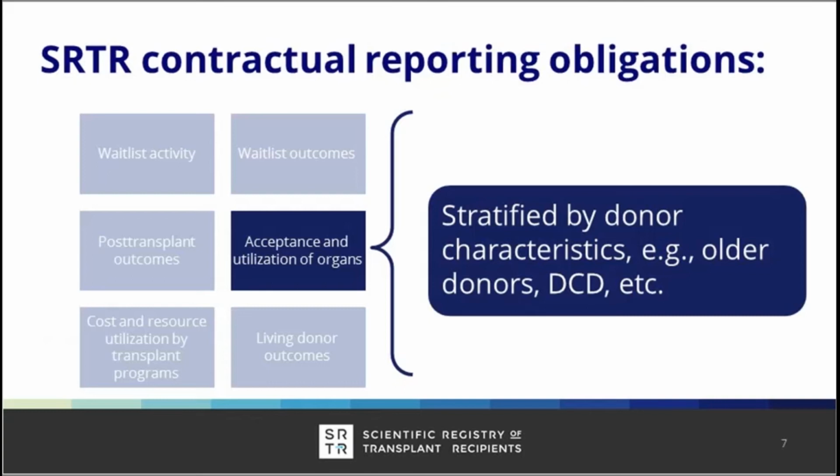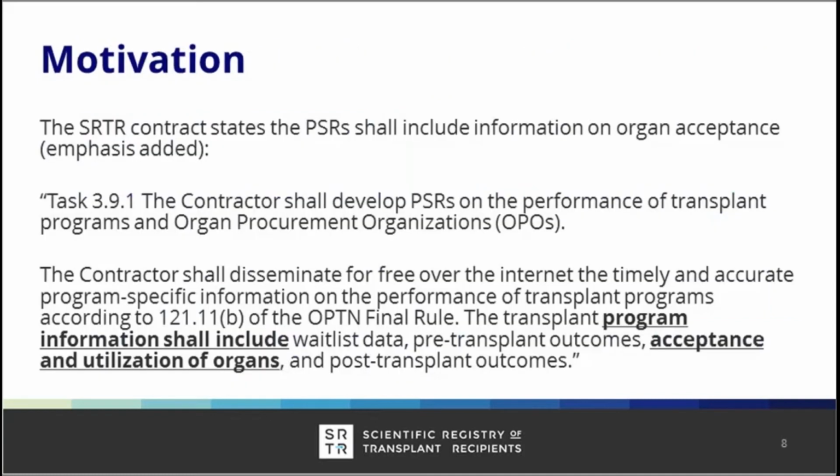But the others are waitlist activity, waitlist outcomes, post-transplant outcomes, cost and resource utilization by transplant programs, and living donor outcomes. But today we're focusing on acceptance and utilization of organs, and the contract does go on to stipulate that we should stratify these metrics by donor characteristics, for example, older donors, DCD donors, etc. So we'll show you a bit about how we're fulfilling this obligation.